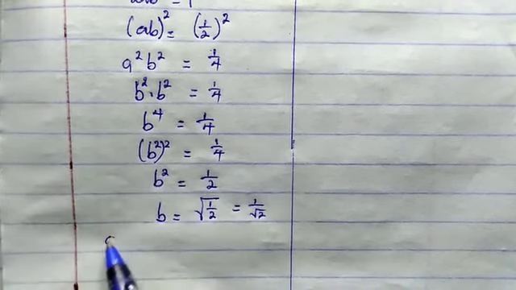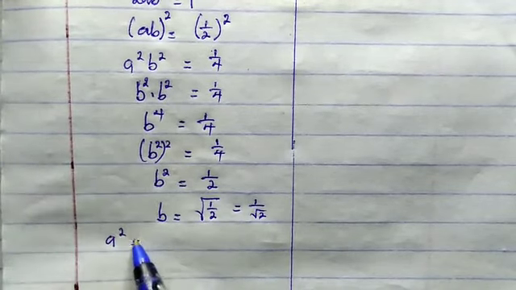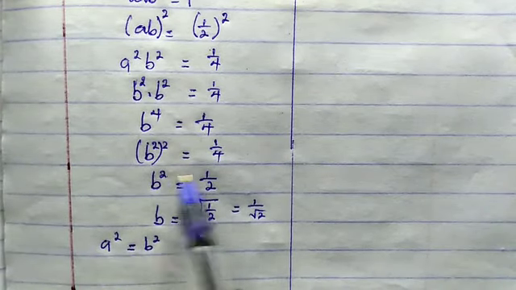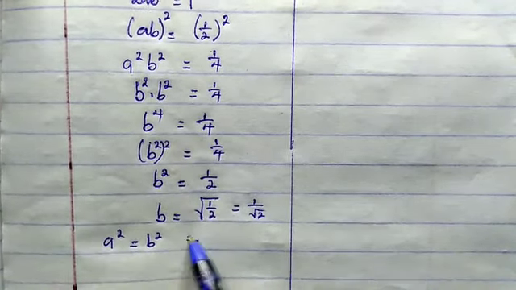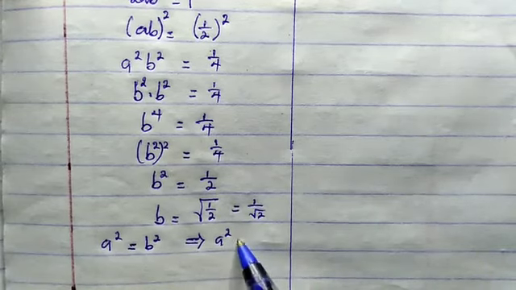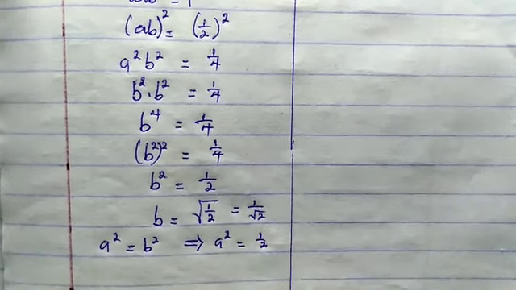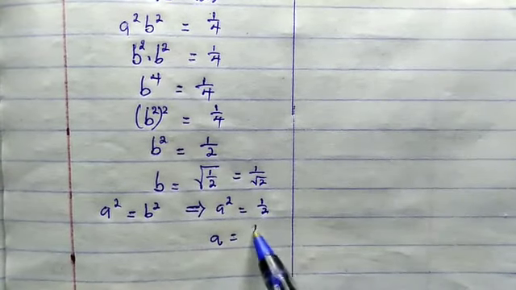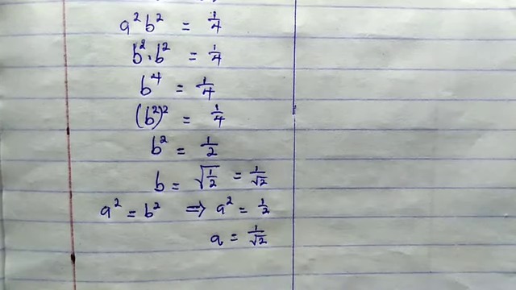Then let us recall that A squared is equal to B squared. So from here, B squared is equal to 1 over 2. So this actually means that A squared is equal to 1 over 2, right? And from here again, A is equal to 1 over root 2.